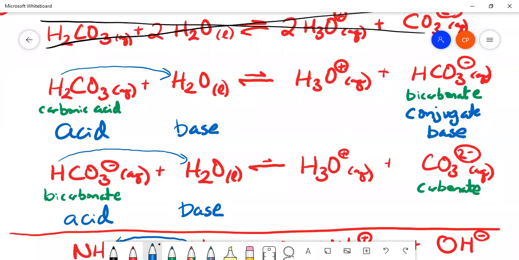And if water is behaving as a base, taking on hydrogen ions, then the hydronium ion behaves as water's conjugate acid. And that's true in both cases.